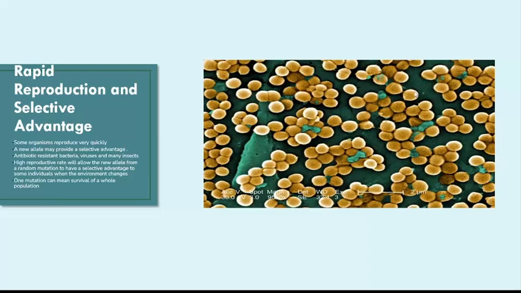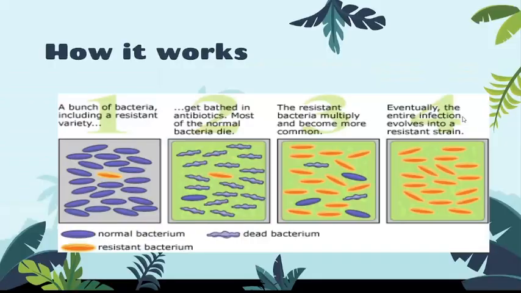So maybe 95% of them died, and only 5% survived and reproduced. That 5% is still the population. We aren't talking about the rest. We don't care which ones they are. We just care about the population and whether this type of bacteria exists or not.